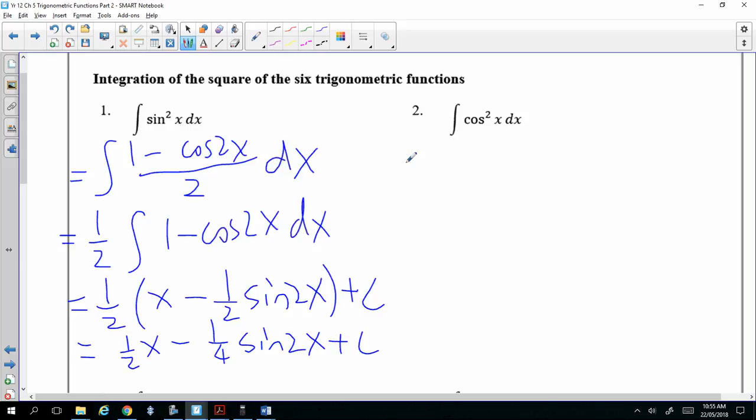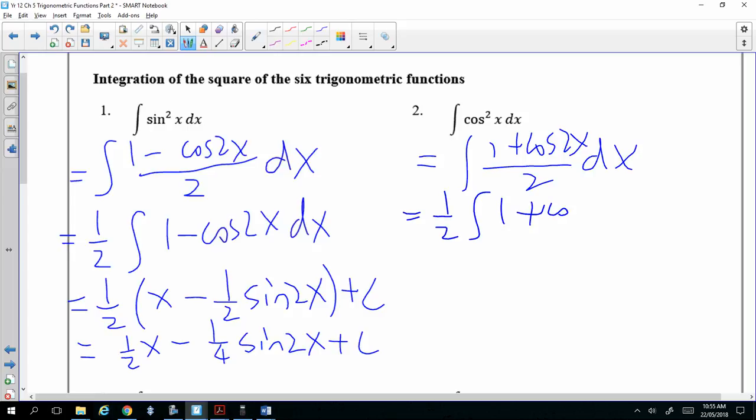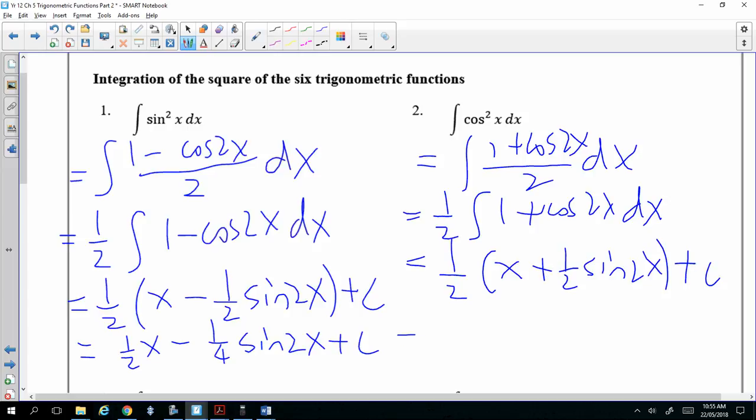You get 1 plus cos 2x over 2 dx, which is half integral 1 plus cos 2x dx, which is half x plus half sine 2x plus c, which is half x plus a quarter sine 2x plus c. Right, so you need to show this step in the exam, not try to memorize the formula for the integral of cos square x dx. You should show this derivation, and the answer will be slightly different if the x is changed to 2x or 3x. You still use the same way, but you'll find that the answer will not be identical.